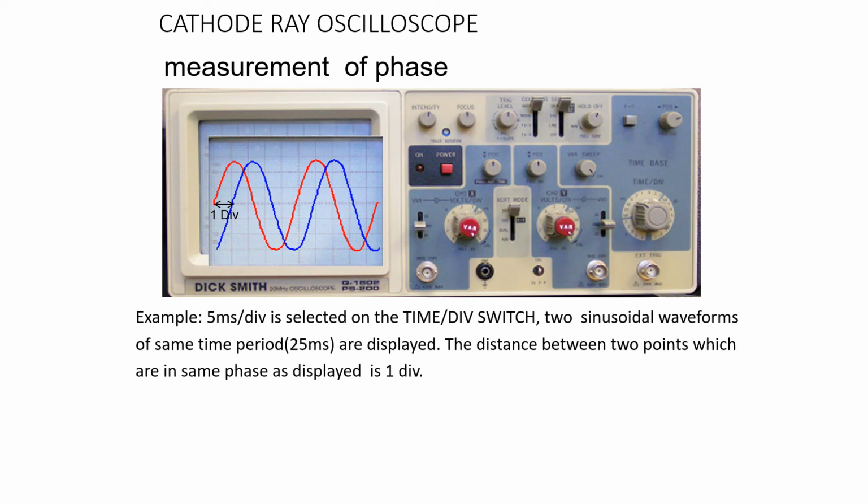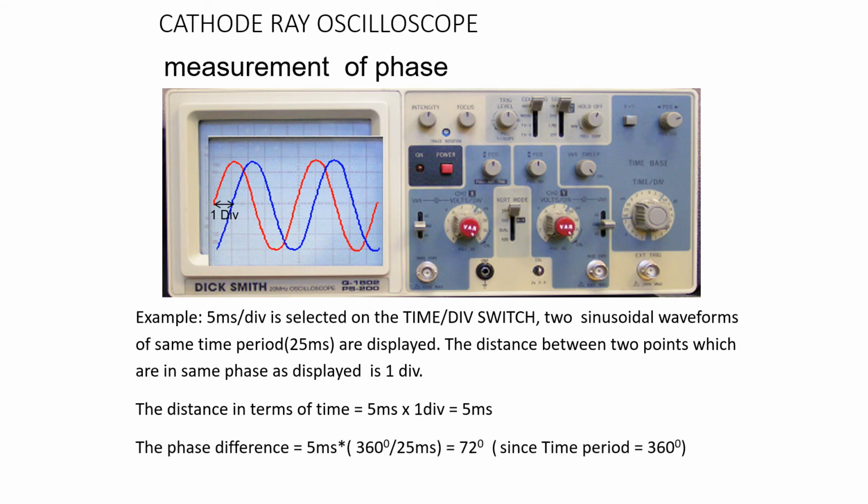So if you check the time per division control, supposing it is 5 milliseconds per division, then the two sinusoidal waveforms of same time period 25 milliseconds are displayed. The distance between 2 points which are in same phase is displayed as one division. So the phase difference is 5 milliseconds into one division, which is 5 milliseconds.